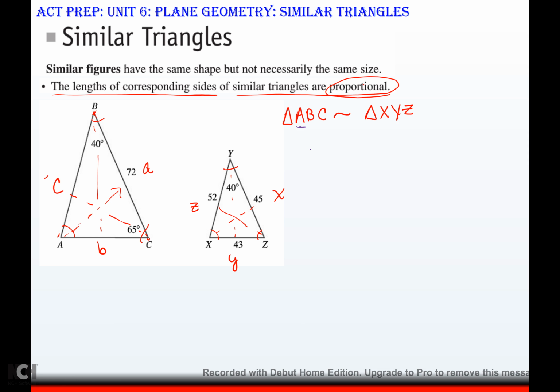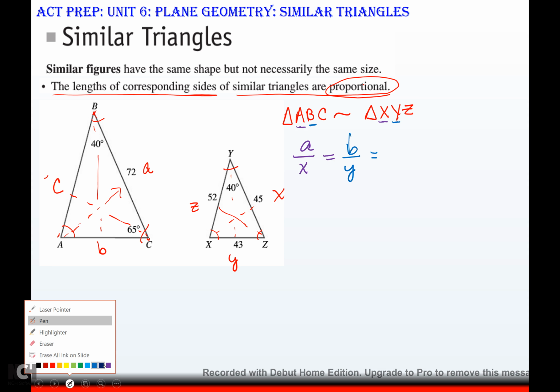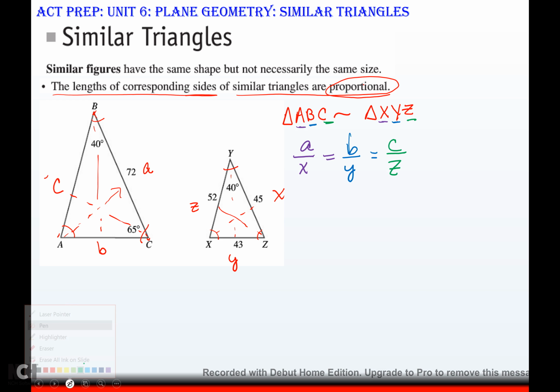So what this tells me is that side a to side x has to equal, switching colors here, side b and its ratio to little y, that ratio has to be the same, which has to be the same as the ratio of c to z, because they're in corresponding positions. So if I fill in what I know, little a is 72.